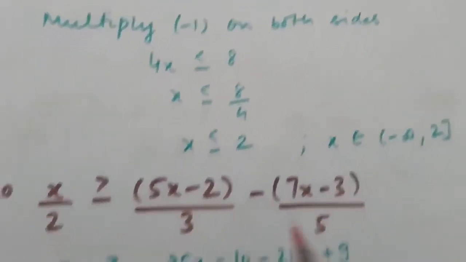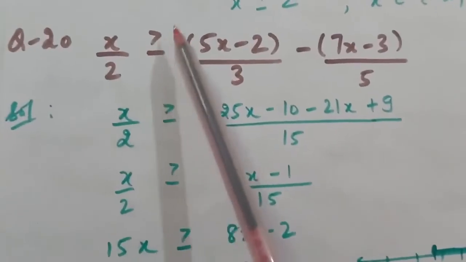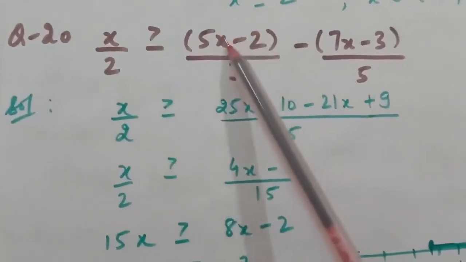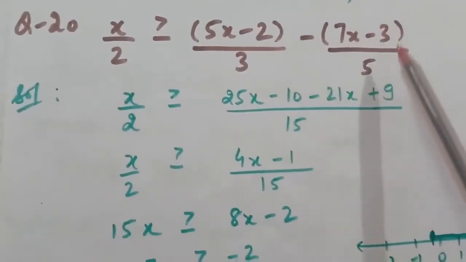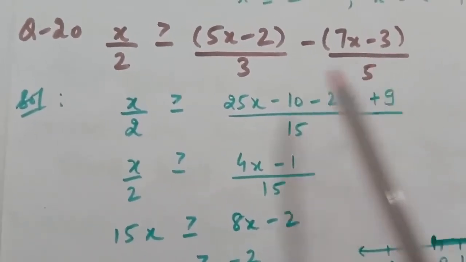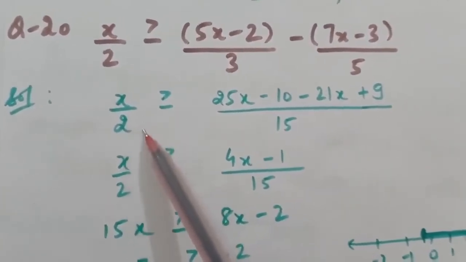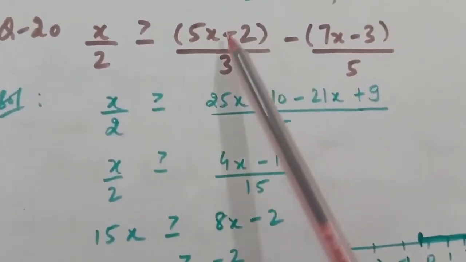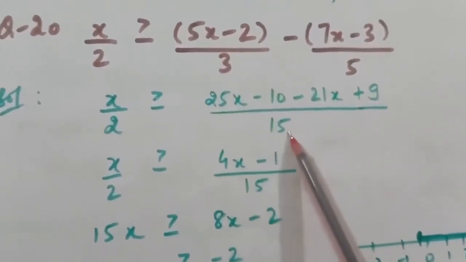Next is question number 20. x upon 2 is greater than or equal to (5x minus 2) upon 3 minus (7x minus 3) upon 5. For solving this, x by 2 stays as it is, and for solving these two terms, first of all you will take the LCM. The LCM will be 15.